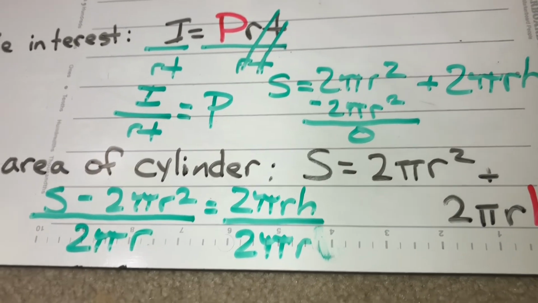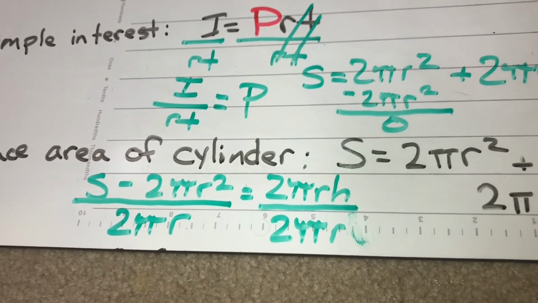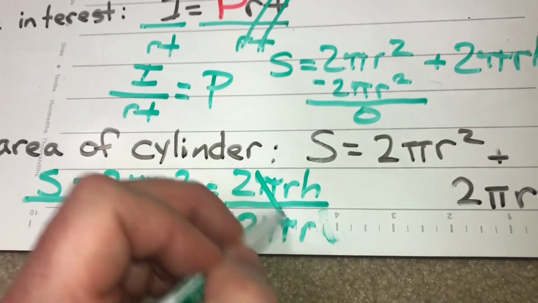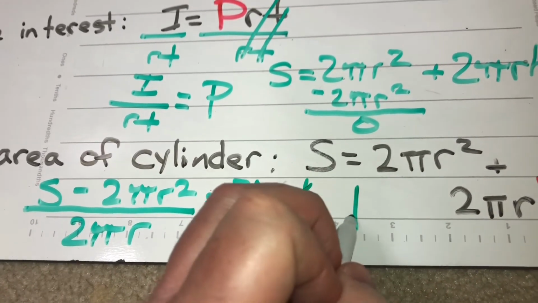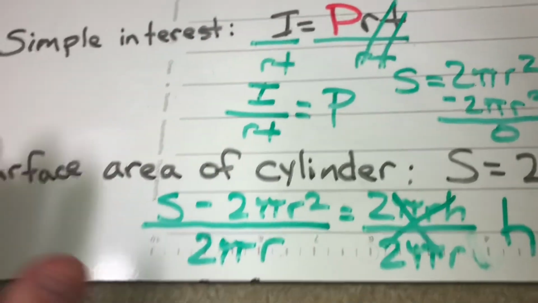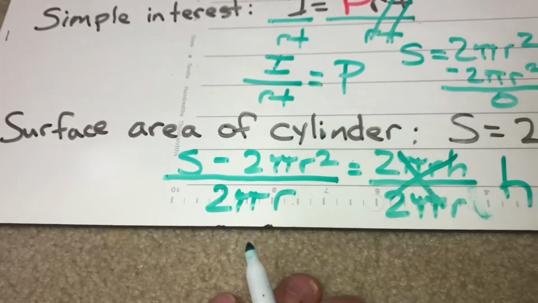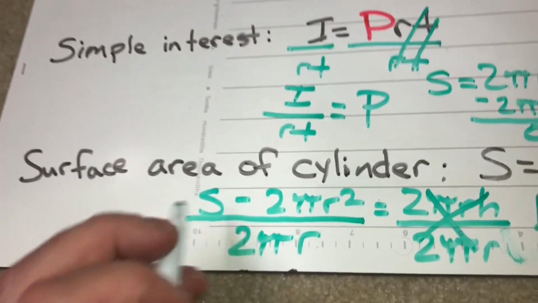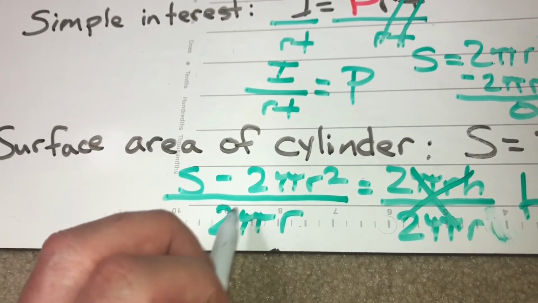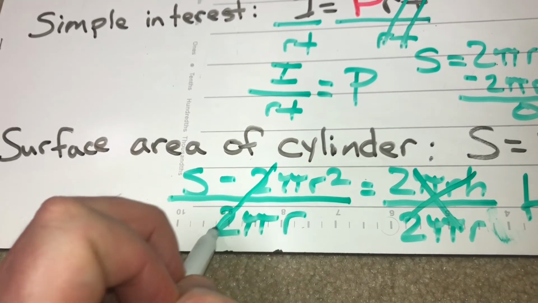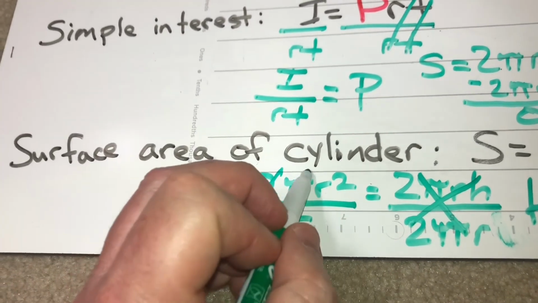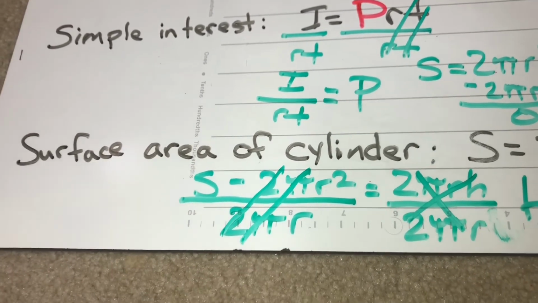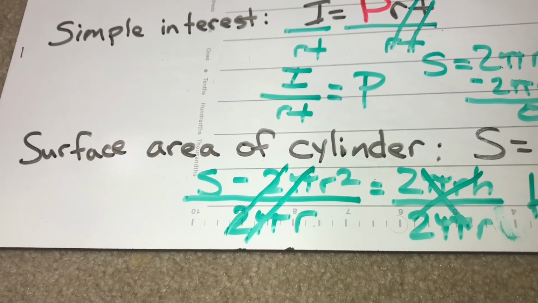All right, so first of all, if I do this side, I know it's just going to leave me with h. Now this side, I have the 2 pi r squared. So I want to think, okay, what in the world is going on? Well, first of all, I know that those two can cancel out. I know that those two can cancel out.